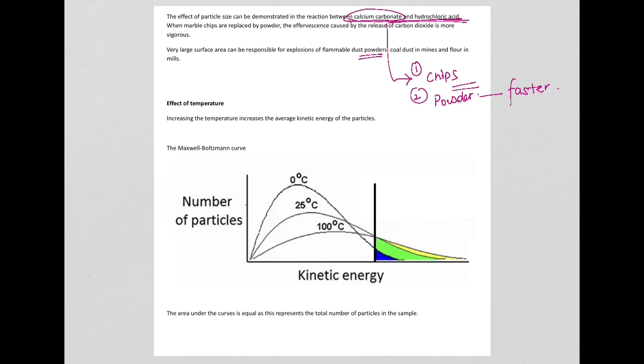So very large surface area of coal and flour in mills account for the fact that these areas need to be protected from any form of ignition or any form of spark that could lead to an explosion because of the large surface area to volume ratio of the powder.